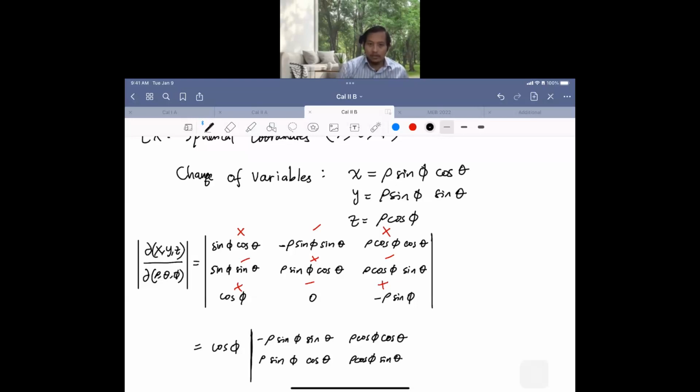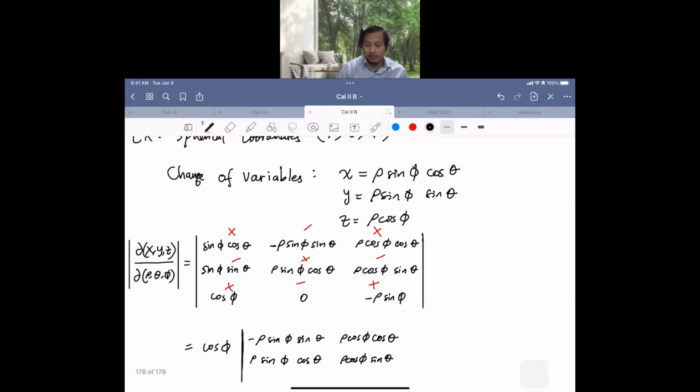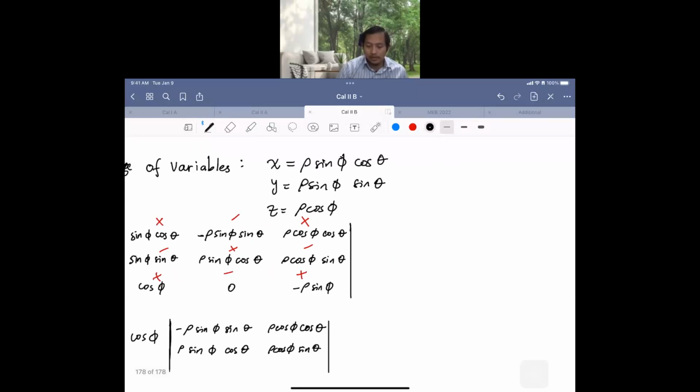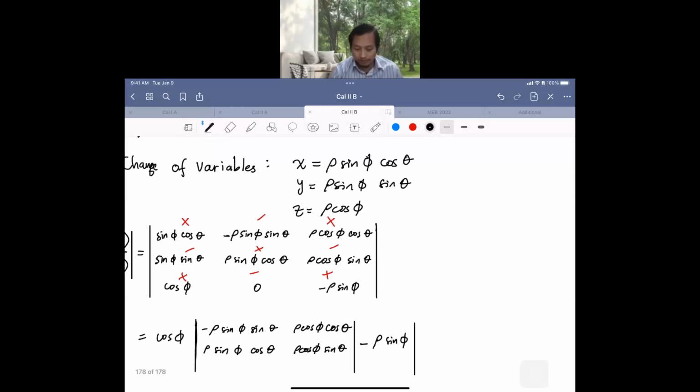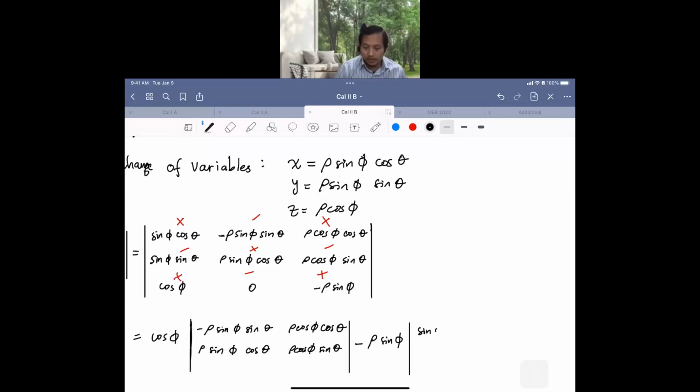And then the second one is 0, so there is nothing there. So we just go to the negative ρ sine psi, and then construct the determinant. The determinant will be sine psi cos theta, sine psi sine theta, negative ρ sine psi sine theta, and ρ sine psi cosine theta.